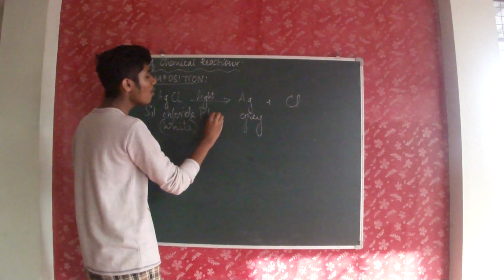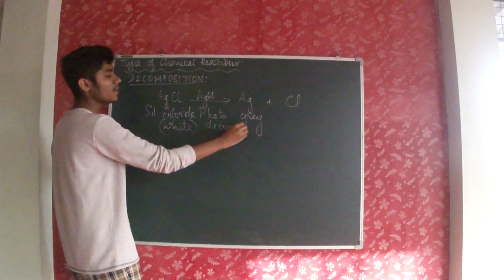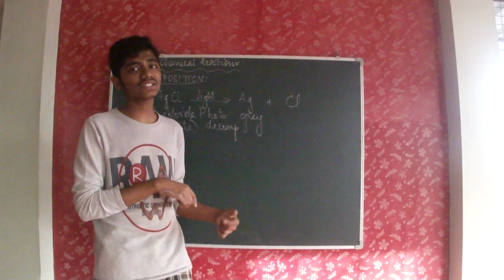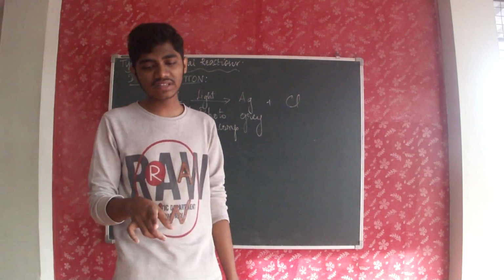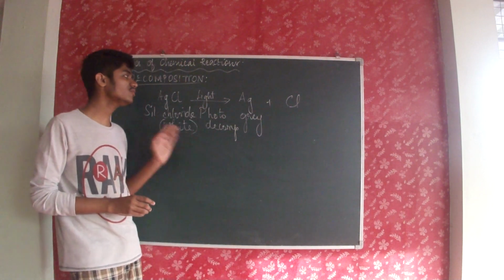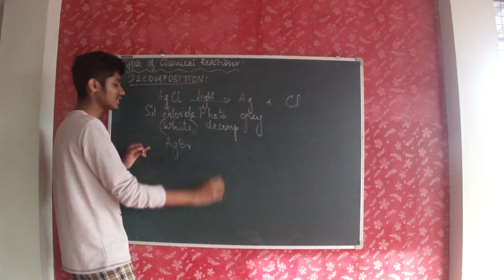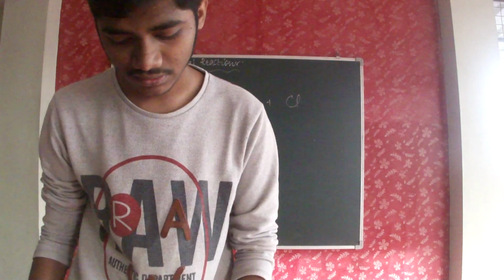This is known as photo decomposition, because we use light to decompose. It's known as a photo decomposition reaction. That's the example given in the book. AgBr is also another example. AgBr and AgCl both decompose.